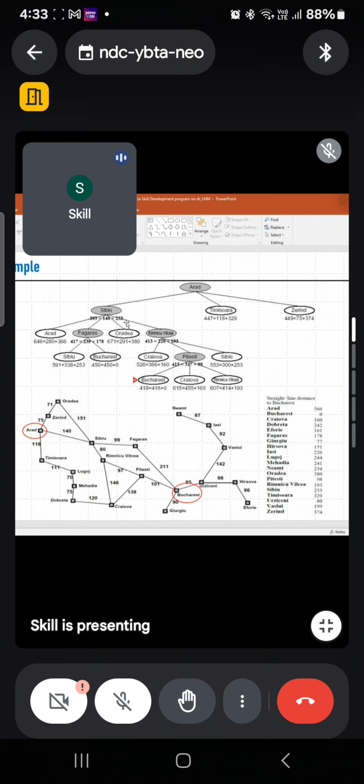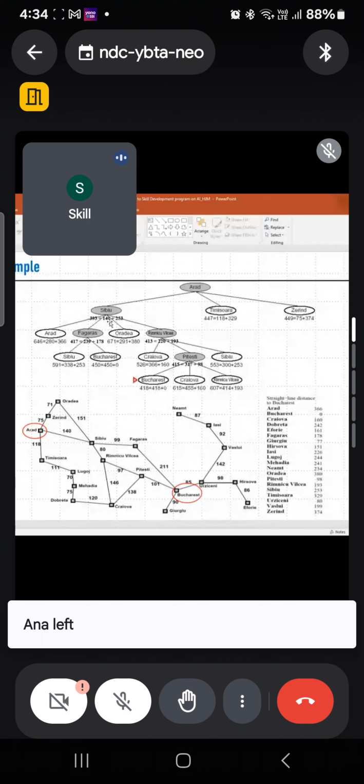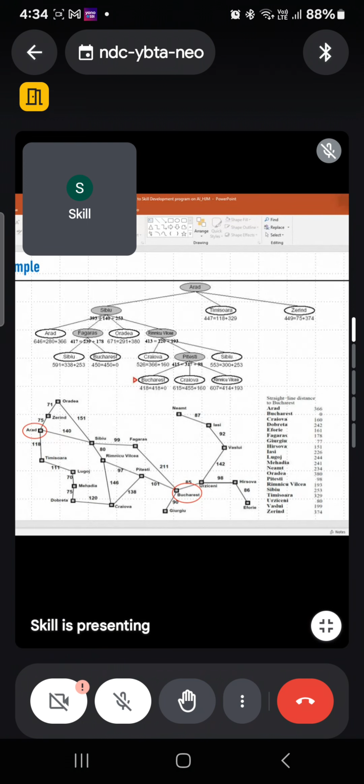But as we have seen that the function of n will be g(n) plus h(n), so we will write as 140 is your g(n). It's mentioned here as I have already told you. It's 140 from Arad to Sibiu, and for Sibiu it's given 253 as the heuristic function h(n). So combining both, we will get 393.